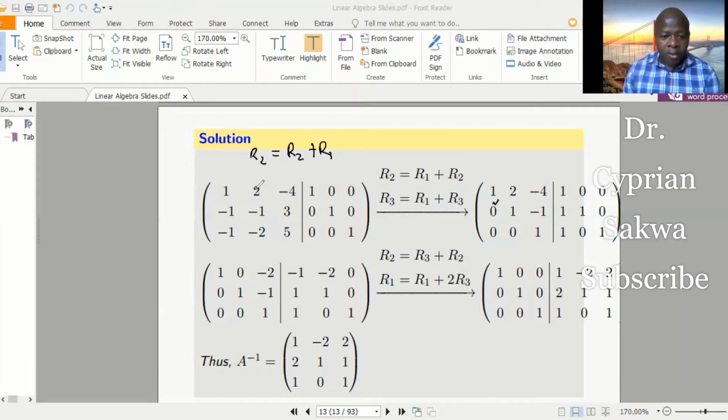This 2 plus negative 1, you have negative 1. This negative 4 plus 3, you have another negative 1. Then this 1 gives us 1. When you add this 2 and that, you have 1. And when you add this and that, you have 0.